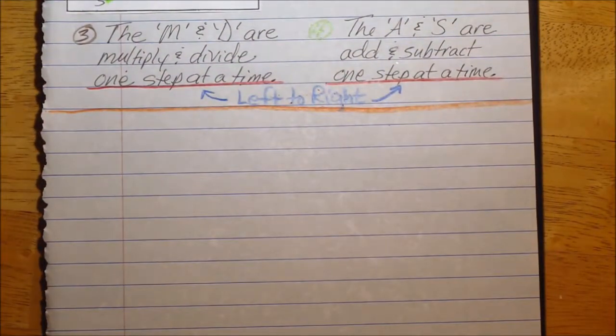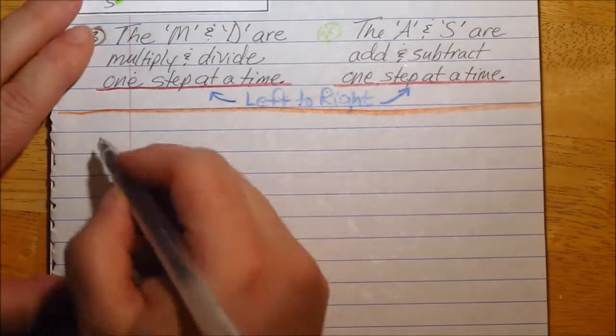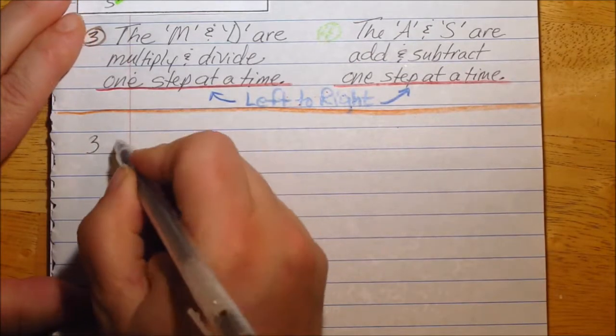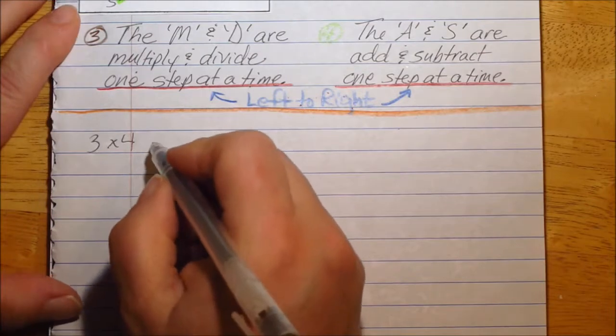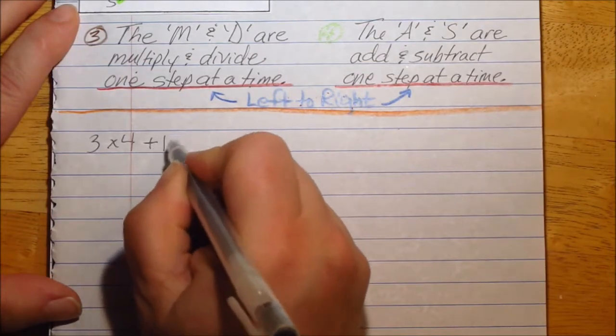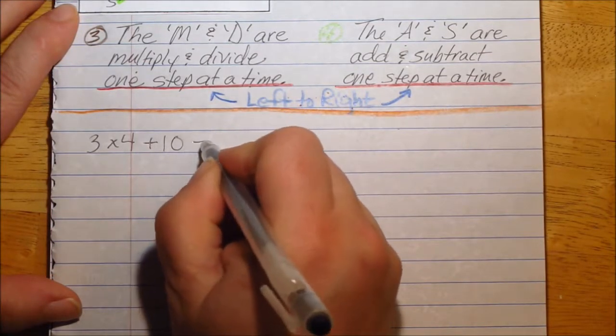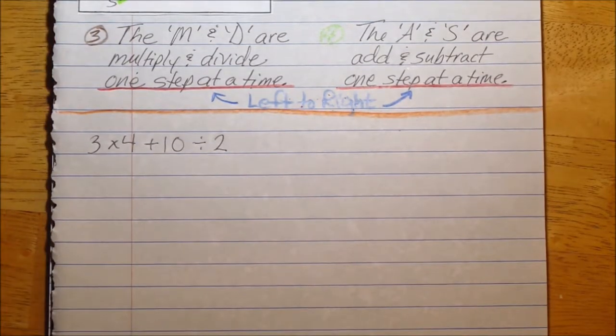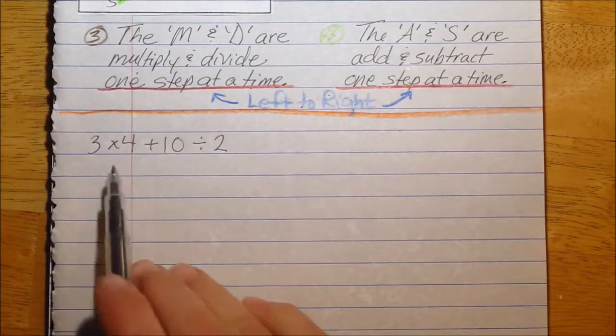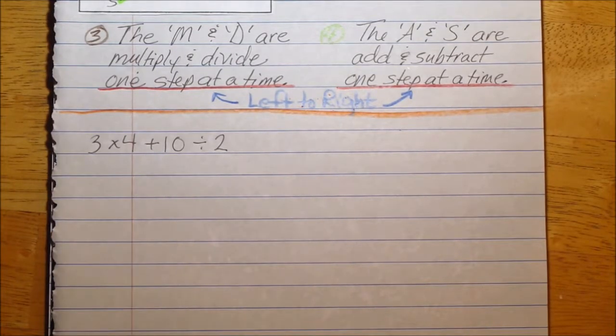Okay? All right, so here's an expression. 3 times 4 plus 10 divided by 2. All right? Okay, now we're dealing only with multiplying, addition, and division here in this expression.